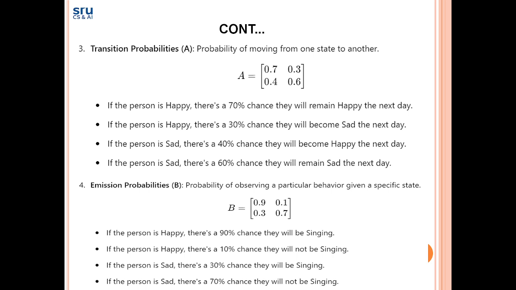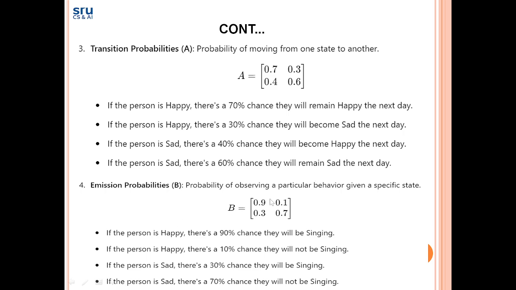If a person is happy, there is a 30% chance they will become sad the next day. If a person is sad, there is a 40% chance they will become happy the next day. If a person is sad, there is a 60% chance they will remain sad the next day.